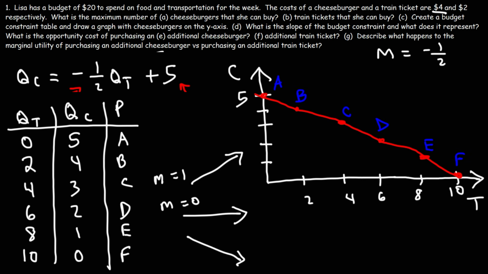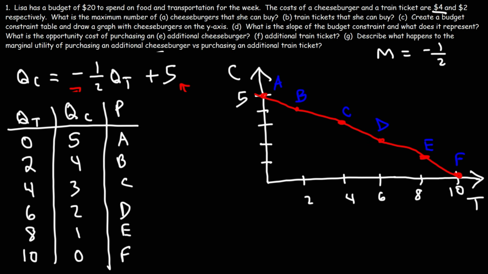Now what does the slope of the budget constraint represent? What would you say? The slope of the budget constraint graph represents the opportunity cost. Now, is this the opportunity cost of purchasing a train ticket or a cheeseburger?